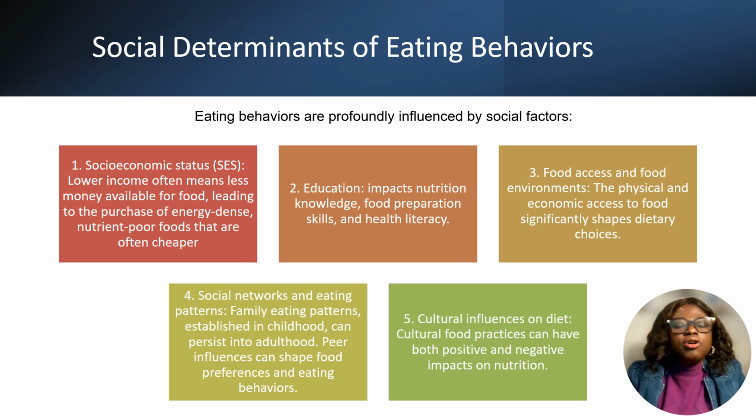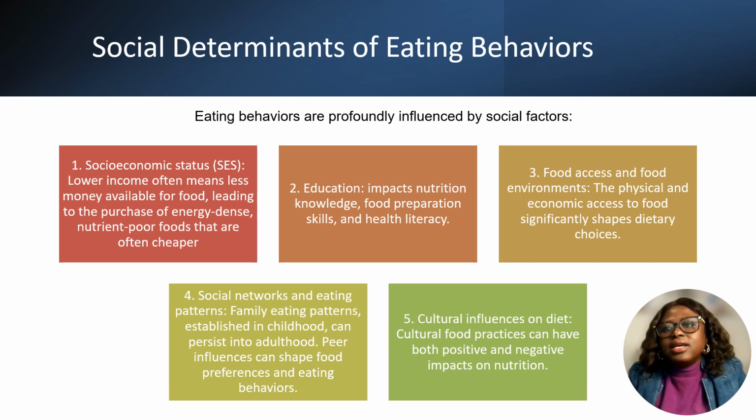First of all, if you think about socioeconomic status, lower income often means less money available for food. Therefore, people in this category will be purchasing junk foods, and that's affecting health. Education impacts nutrition knowledge, preparation skills, and health literacy.